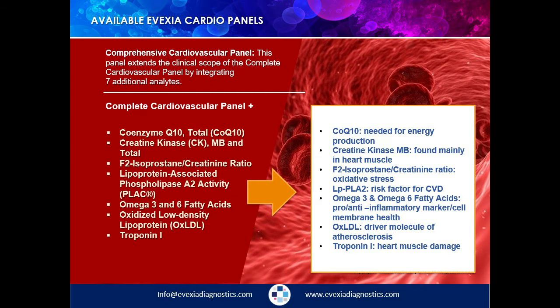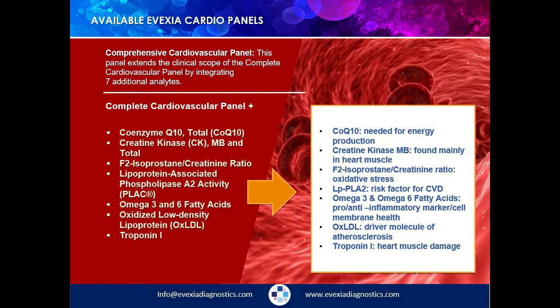Next is an analyte called lipoprotein associated phospholipase A2. Now, this enzyme appears to play a role in the inflammation of the blood vessels and is thought to promote atherosclerosis. And recent studies have shown that lipoprotein associated phospholipase A2 is an independent risk marker for cardiovascular disease, including coronary heart disease and ischemic stroke.